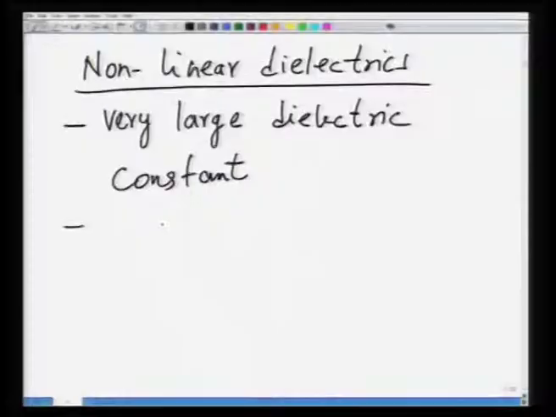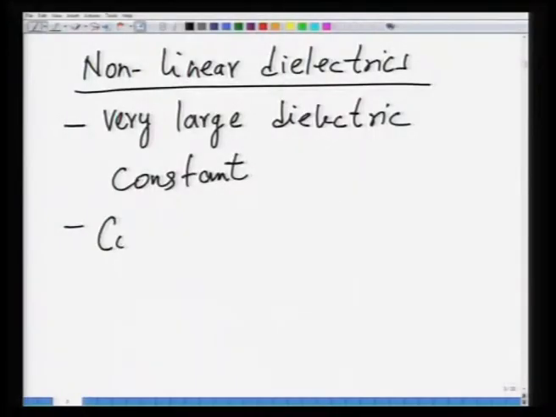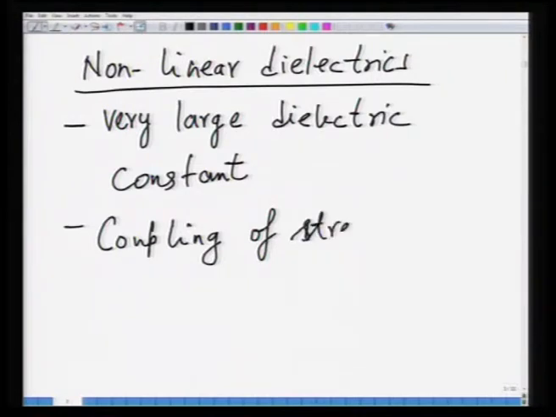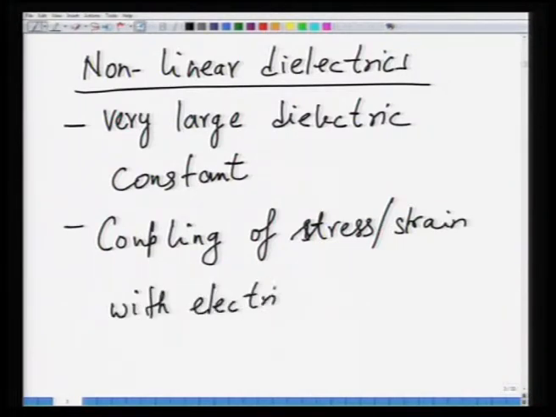For instance, they show some very special effects, such as interdependence or coupling of strain or mechanical and electrical order parameters. So, you can say coupling of a stress or a strain with electrical parameters, and this is referred to as piezoelectric ceramics.